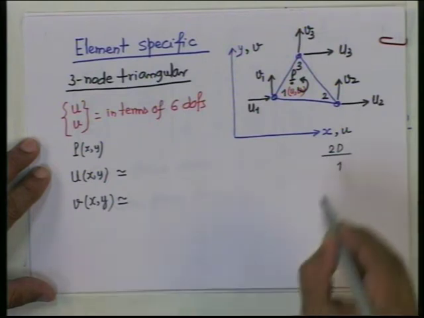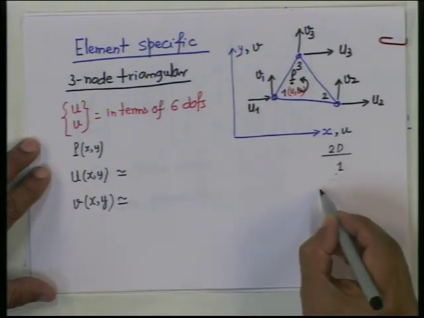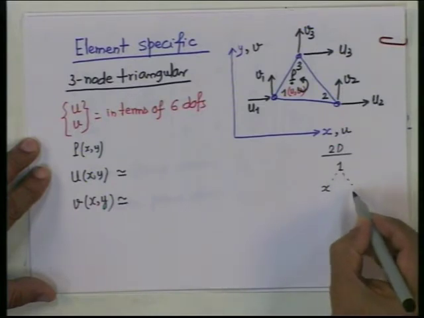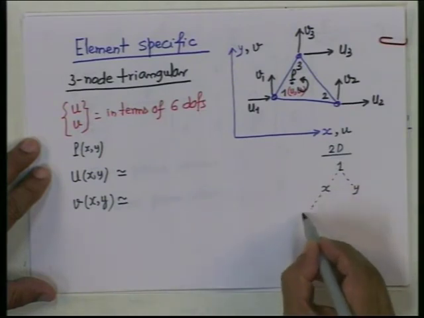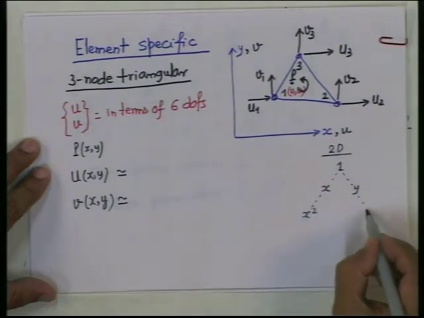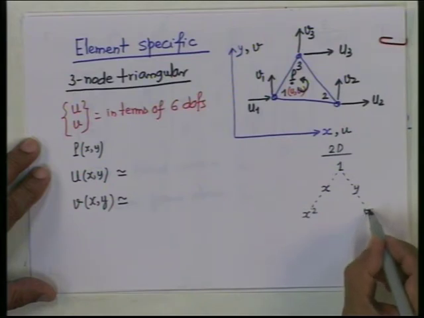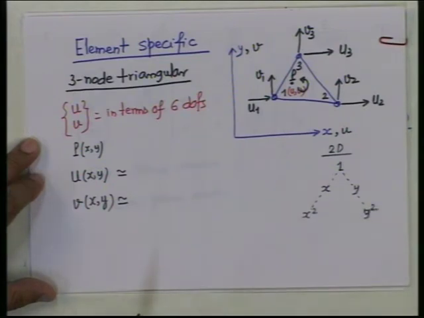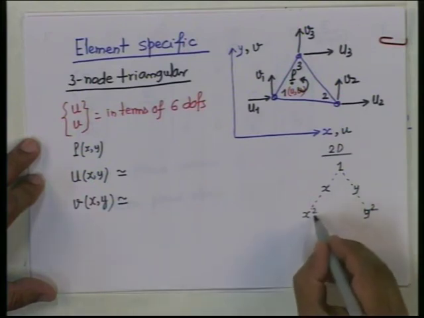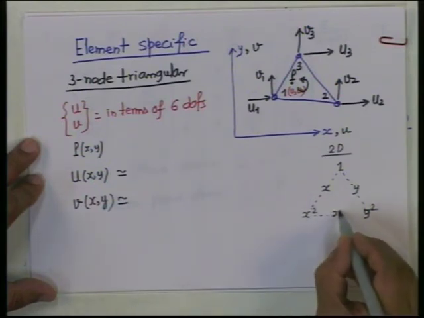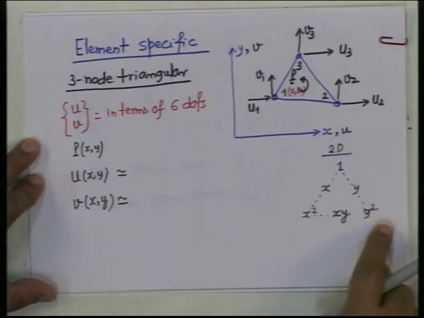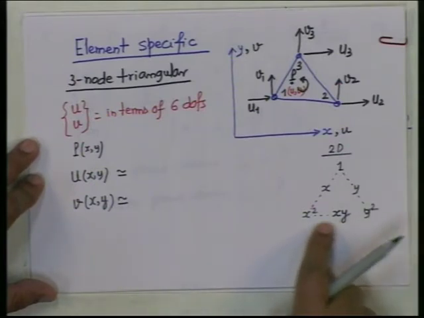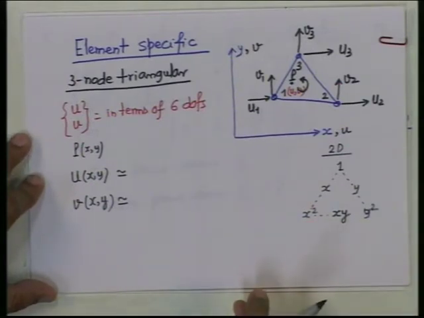The first is always a constant, then x and y, then the next terms are x square and y square. But there is also a product term, x y, because x y also is a quadratic term. So all these three must be considered if you want quadratic terms in two dimensions.